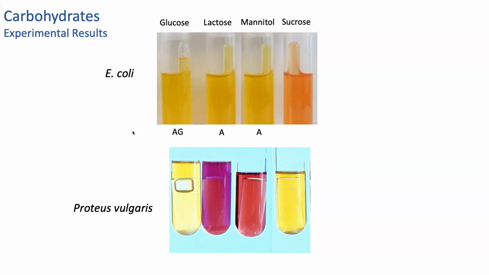Now, when you take a look at sucrose, that looks a little bit interesting, right? Looks a little orangey. Well, one thing I know is that it is not positive if there isn't any gas production. Sorry, you cannot have a negative reaction if there is gas production. You can have a positive with gas or without gas. But can you have a negative reaction with gas?